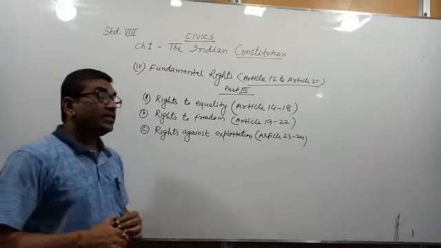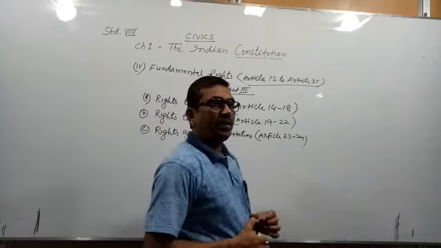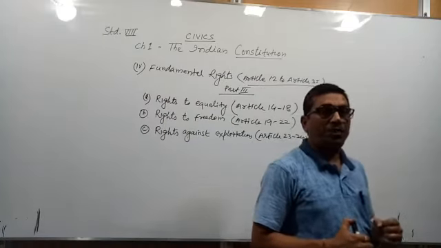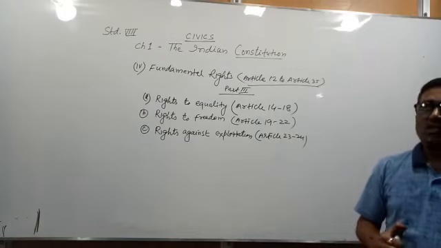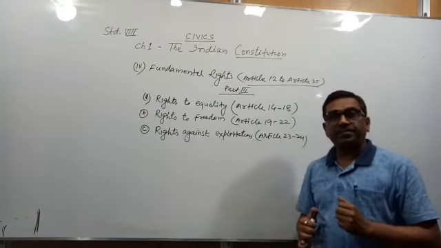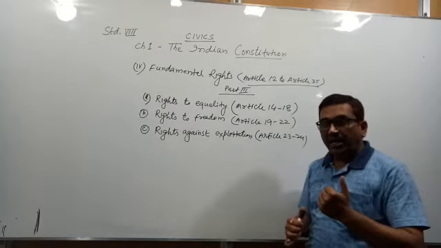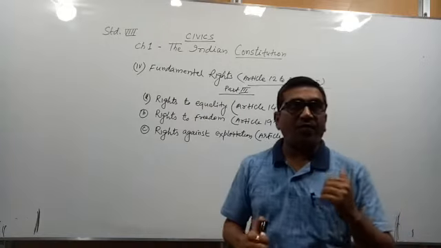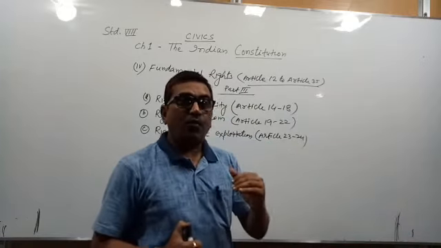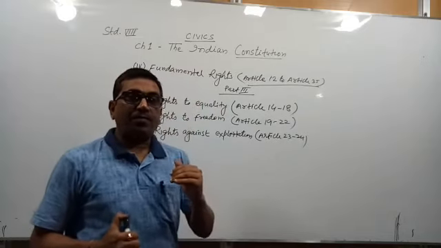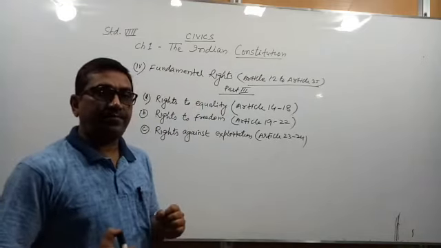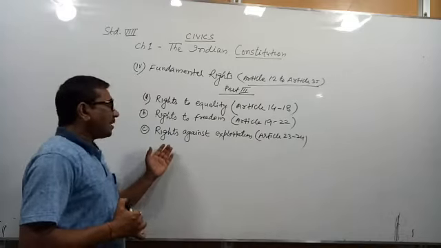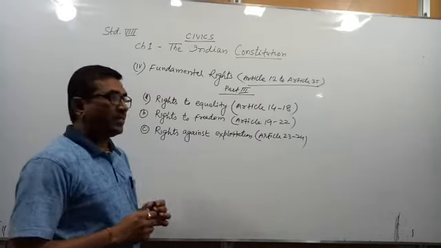Rights against exploitation means child labor and human trafficking. All this has been banned. It means children below the age of 14 years cannot be appointed in a factory or in any dangerous work. It is the right against exploitation.